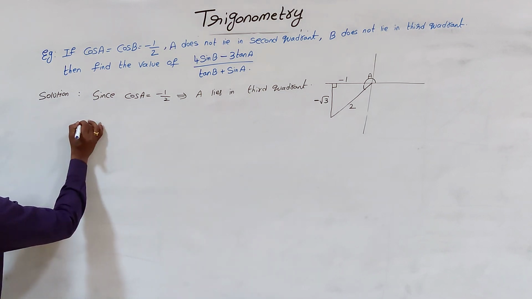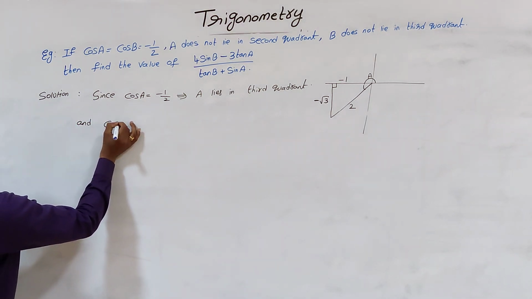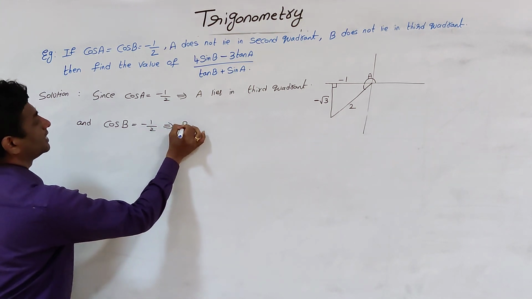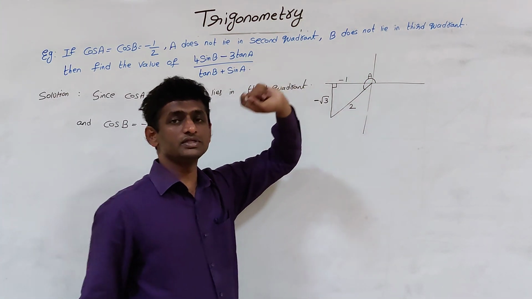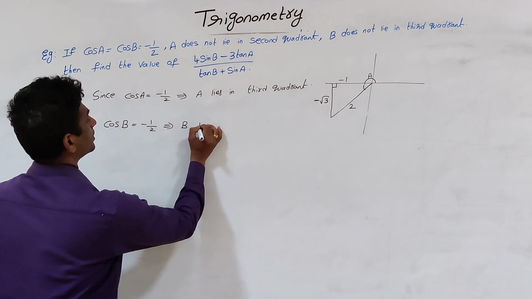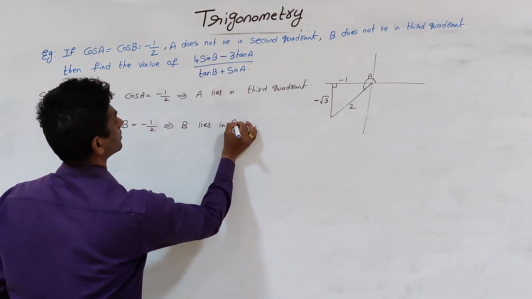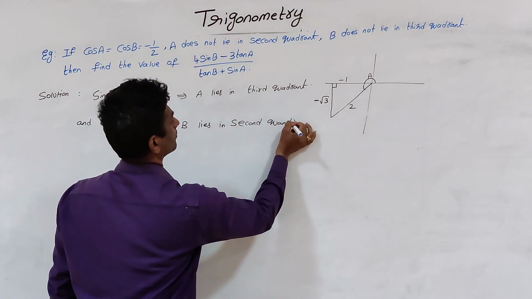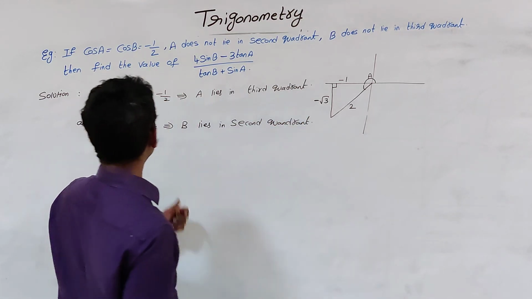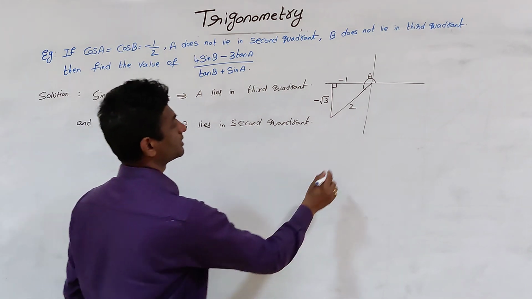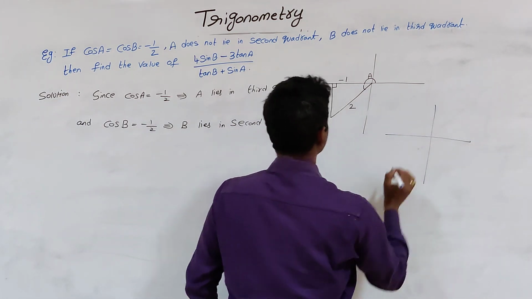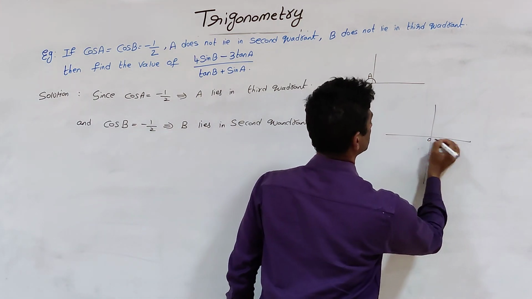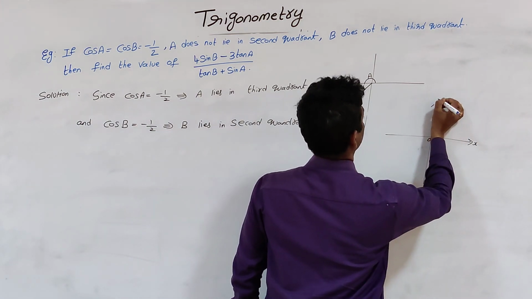Next, coming to cos B, which is also -1/2, it implies B doesn't lie in the third quadrant, which means it should lie in the second quadrant. So B lies in the second quadrant, and we will see what the angle will be. So B lies in the second quadrant, which means the terminal ray should be in the second quadrant.